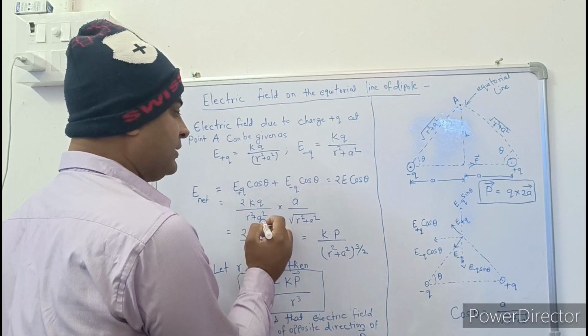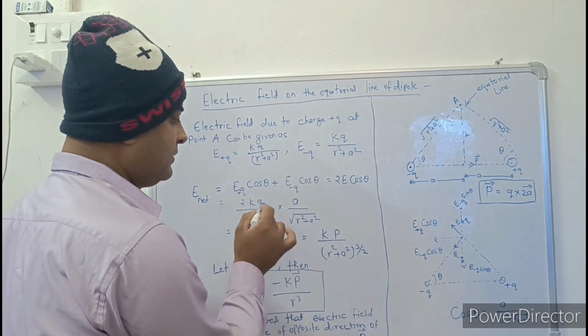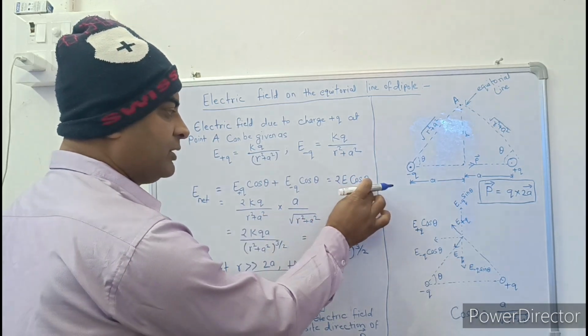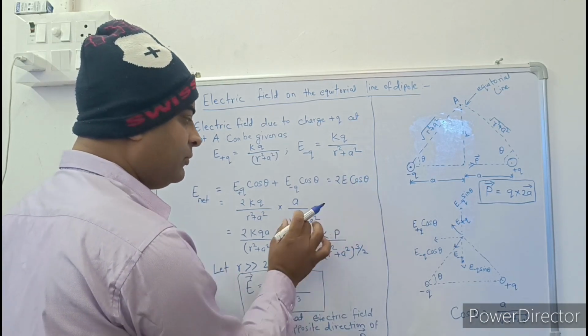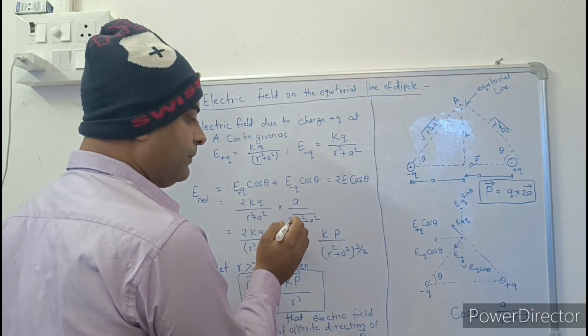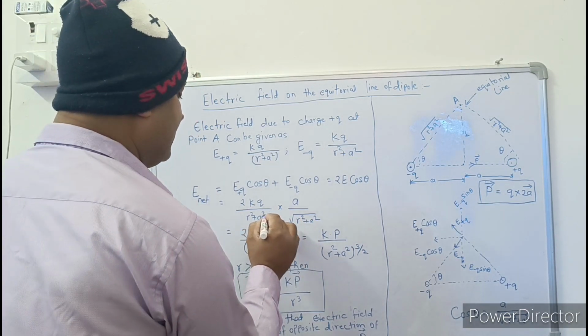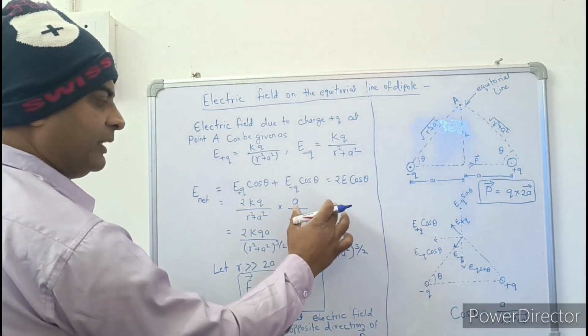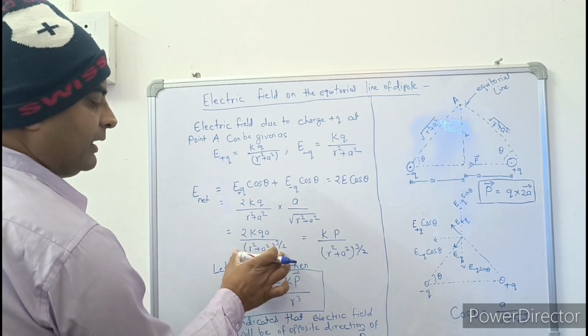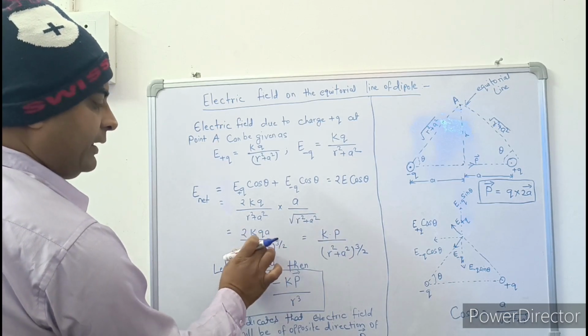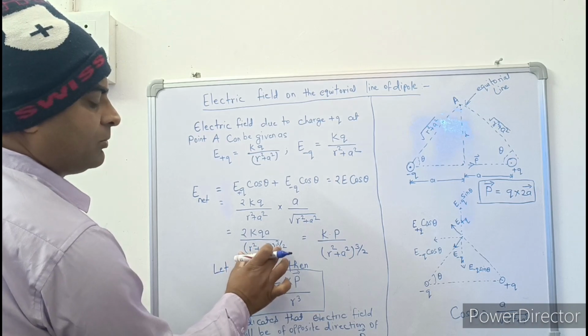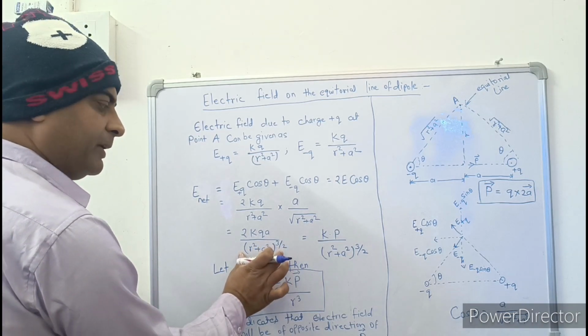2KQ upon R square plus A square is this term, and for the cosine term we have written A upon the root of R square plus A square, and this is power 1 and this is power 1 by 2. So if you add, you get 2KQA upon R square plus A square to the power 3 by 2.